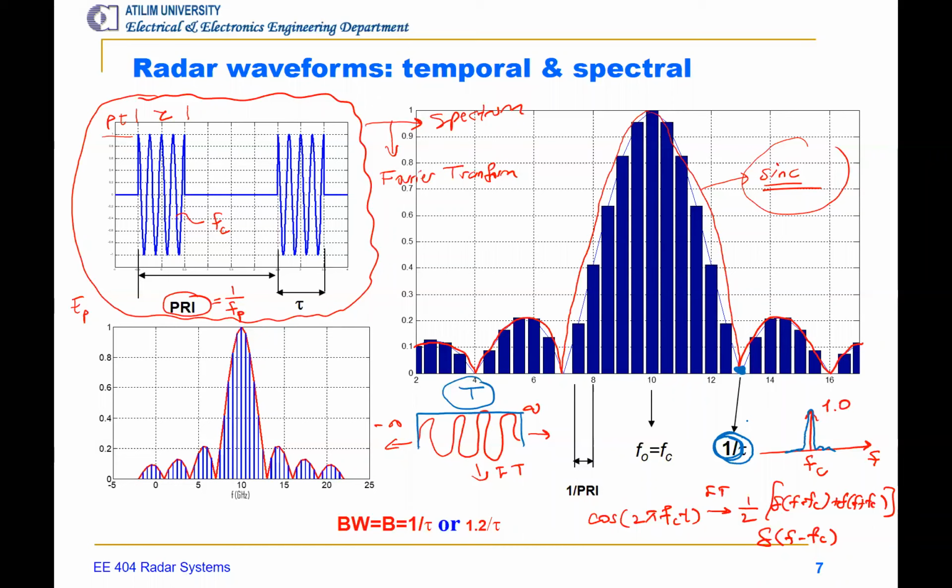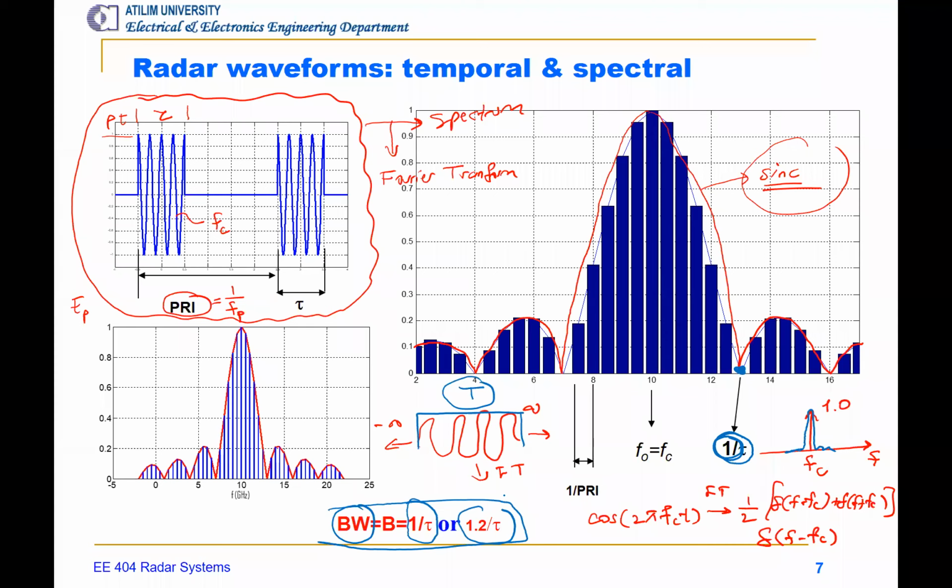It's a very critical point, and it's formulated in here, as you see. The bandwidth is proportional to 1 over tau. In some textbooks, it's taken as 1.2 over tau, so a 20% margin is introduced. But you can use either.